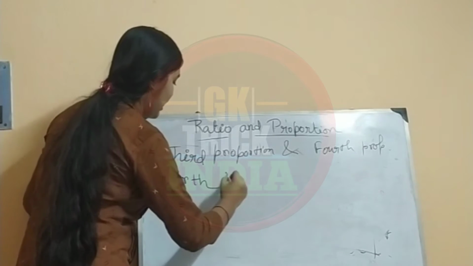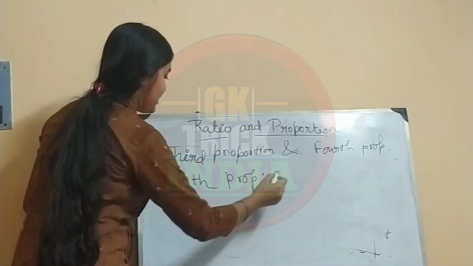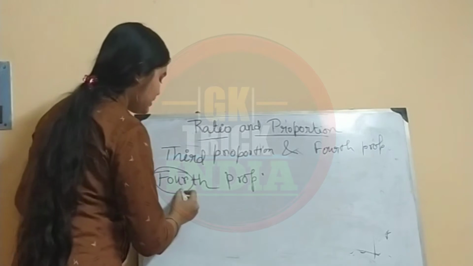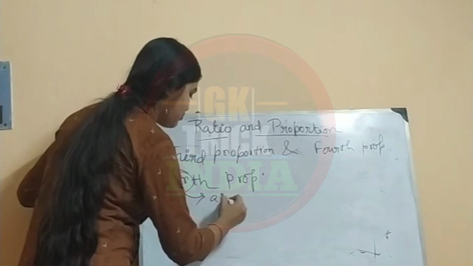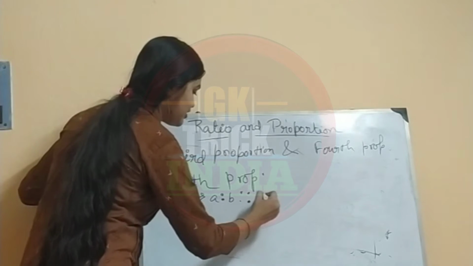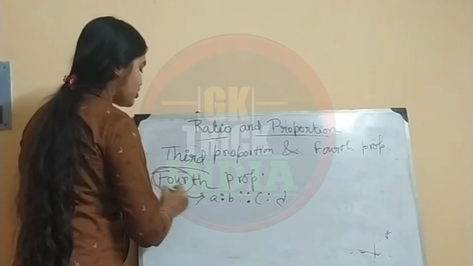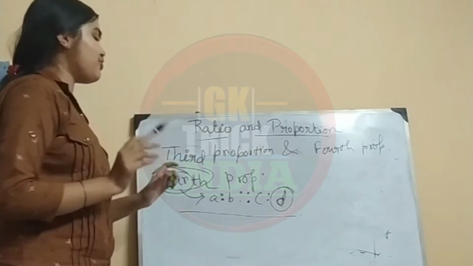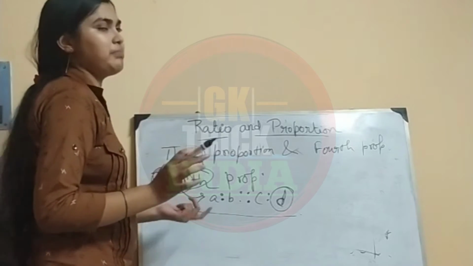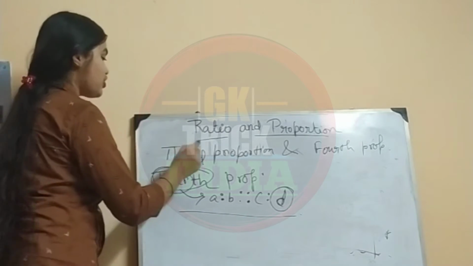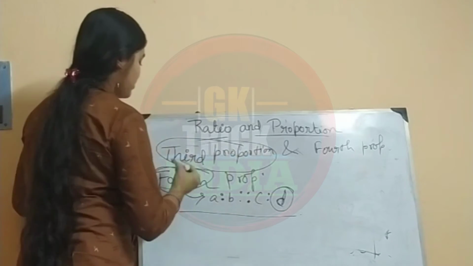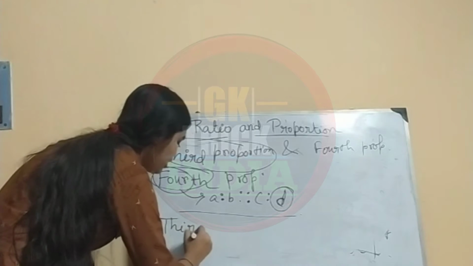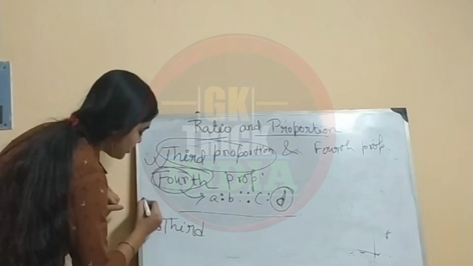In the term fourth there comes 4, so we have to remember fourth means there are 4 terms: A is to B as C is to D, and the last term is called the fourth proportion. And you guys are thinking, why is this important? I can remember it, but the trick is there for the third proportion, to remember third and fourth both equally. In the third proportion, we know third comes from the word 3.